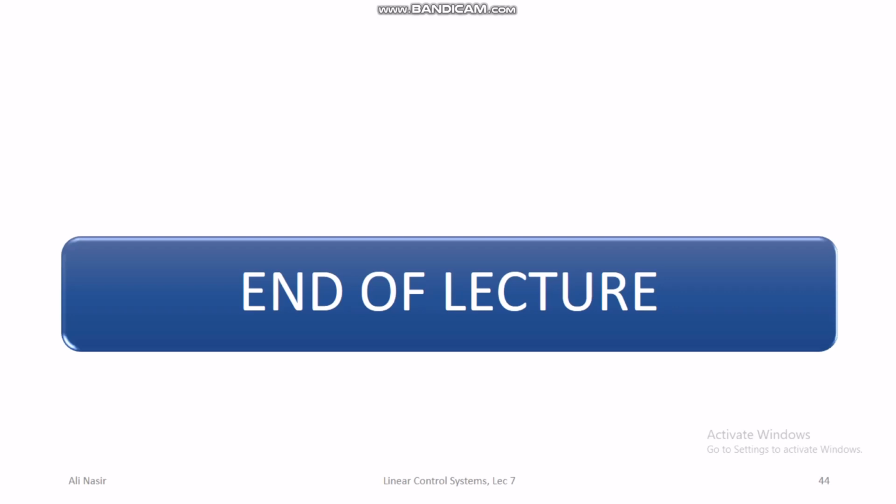Now that you know Mason's rule, you don't have to go through the tedious block diagram manipulations and all the algebra that we went through in this lecture. You can just convert the block diagram into a signal flow graph and apply Mason's rule as we have seen in this example that we did at the end.